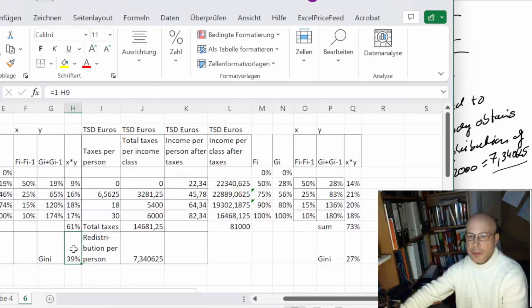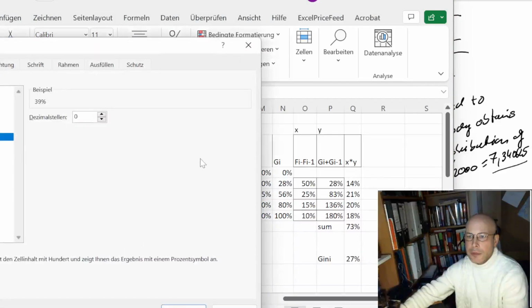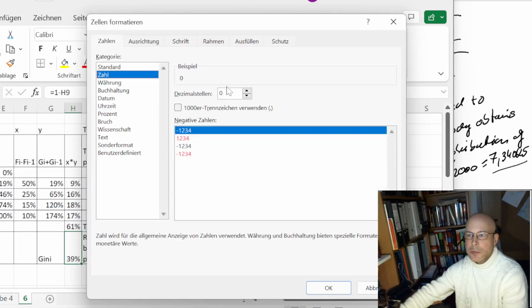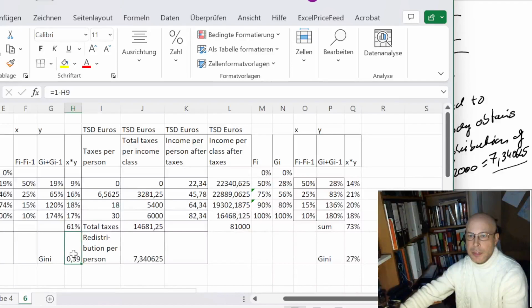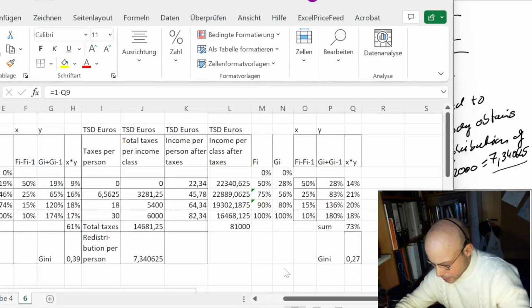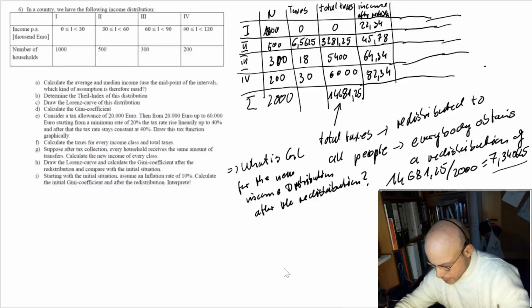Okay, I have to save this format also here. And yeah, let's put this also in our table here.